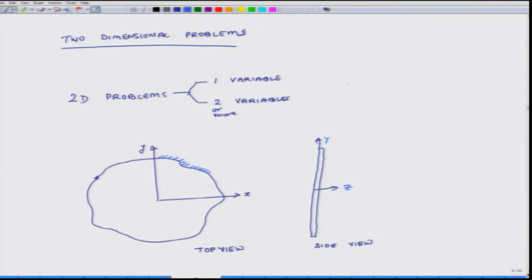So, suppose I have this plate, and let us say part of the edge of the plate is insulated, and then I have natural convection in other parts of the plate, and in some part I am injecting some heat.